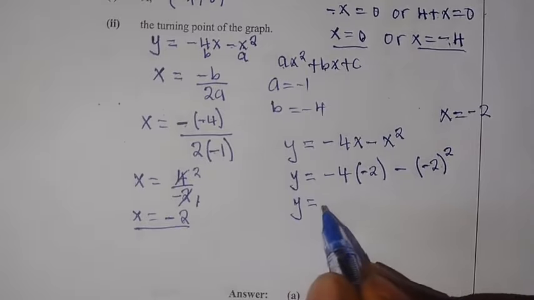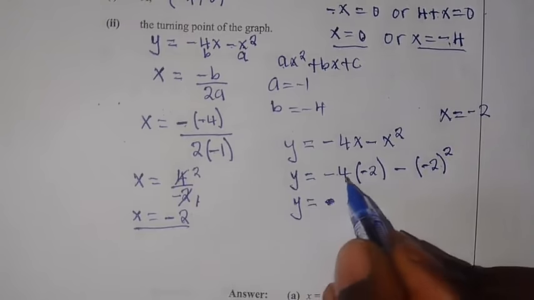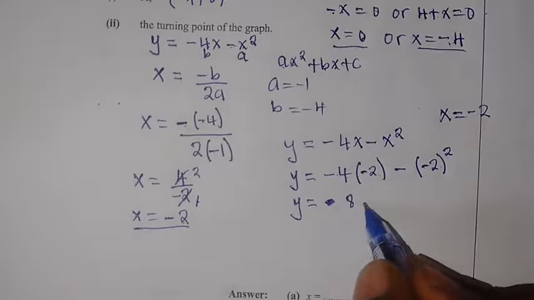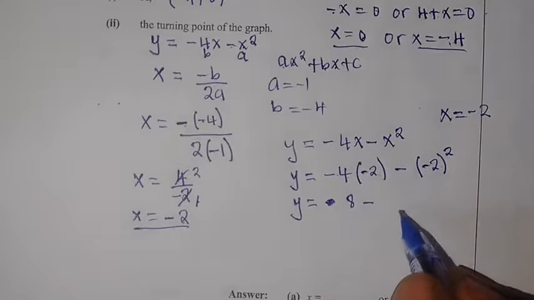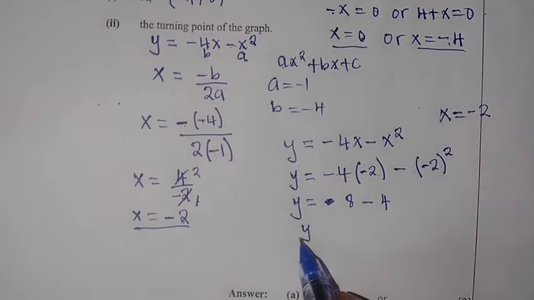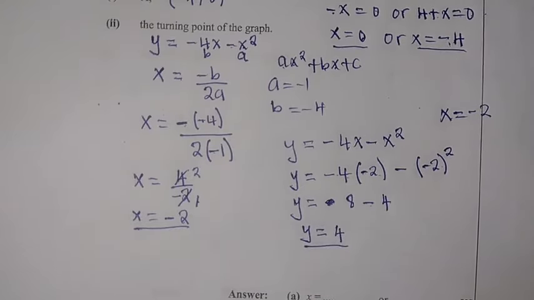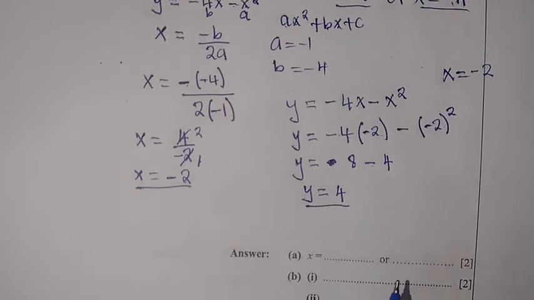So y equal to negative times negative is a positive, so 4 times 2 is 8, minus negative 2 squared, which means negative 2 times negative 2, which is 4. So y is equal to 8 minus 4, which gives us 4. So the value of y is 4.